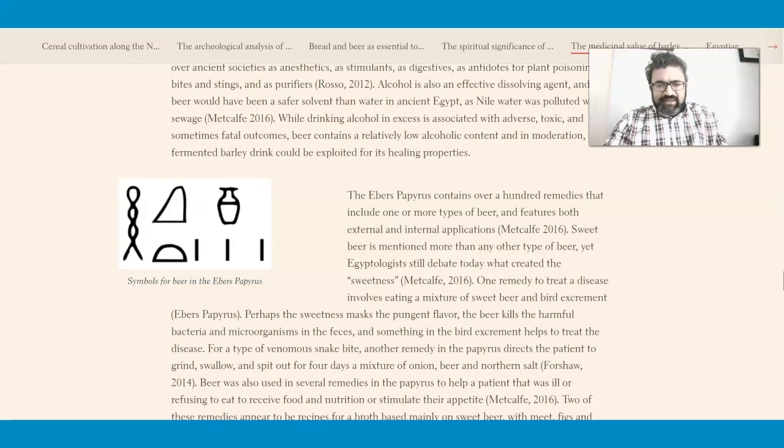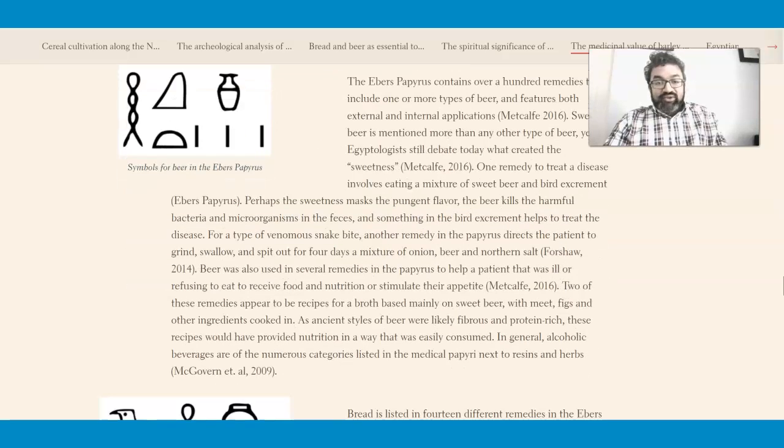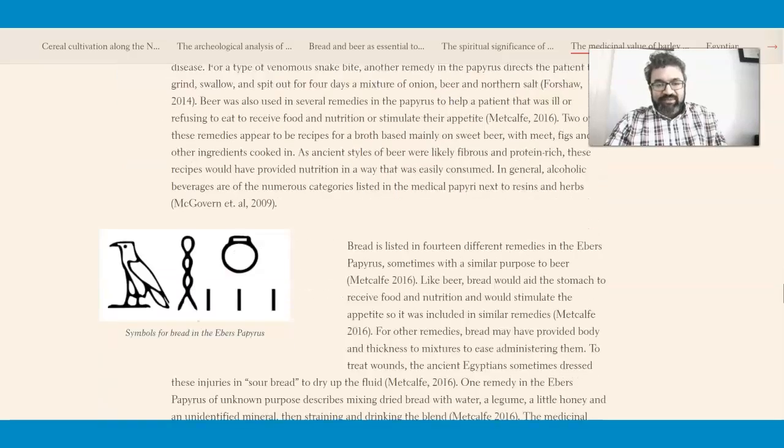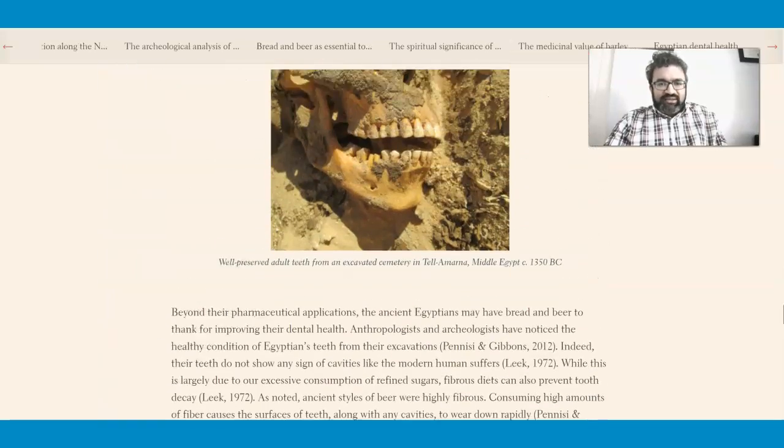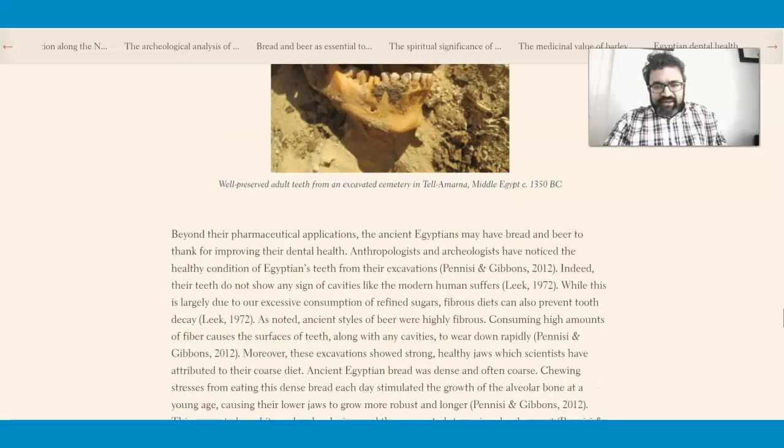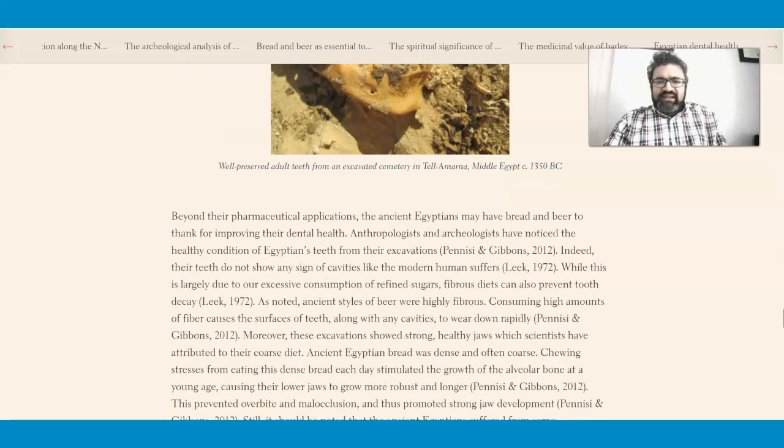Sweetness was actually preferred according to the Ebers Papyrus. Here are the hieroglyphic symbols for that. And then if you look at dentition, the ancient Egyptians probably improved their dental health by consuming bread and beer.